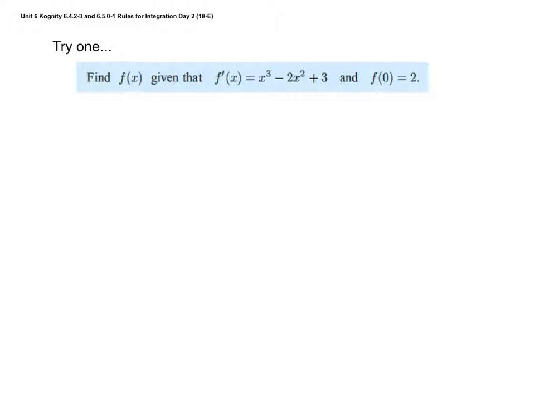Alright, so just to run through this real quickly, if we're doing the integral of x cubed minus 2x squared plus 3 dx, oh wait, sorry, I'm half writing it down and half doing the integral. We get x to the 4th over 4 minus 2x cubed over 3 plus 3x plus the constant.